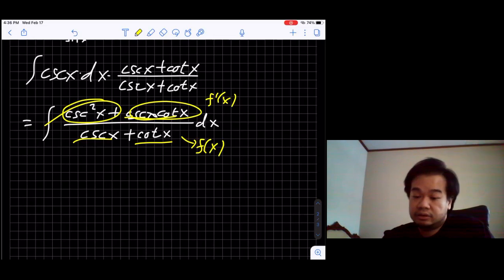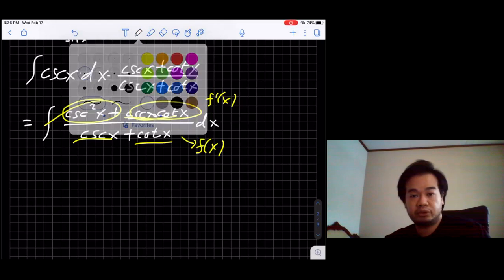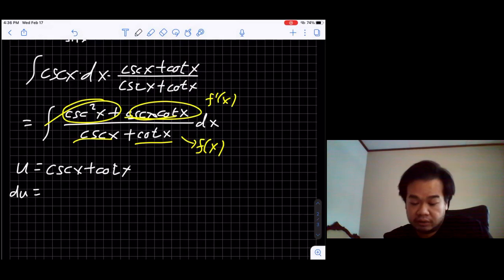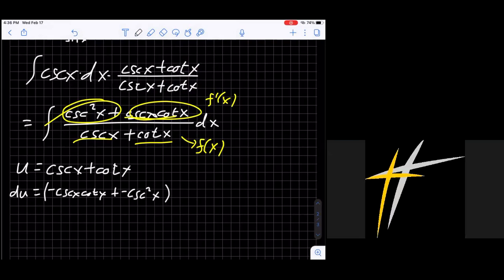So we can use algebraic substitution method in this case, with u equal to cosecant x plus cotangent x. So the du will be equal to the derivative of cosecant x, which is negative cosecant x cotangent x, and the derivative of cotangent, which is negative cosecant square x, all multiplied by dx.